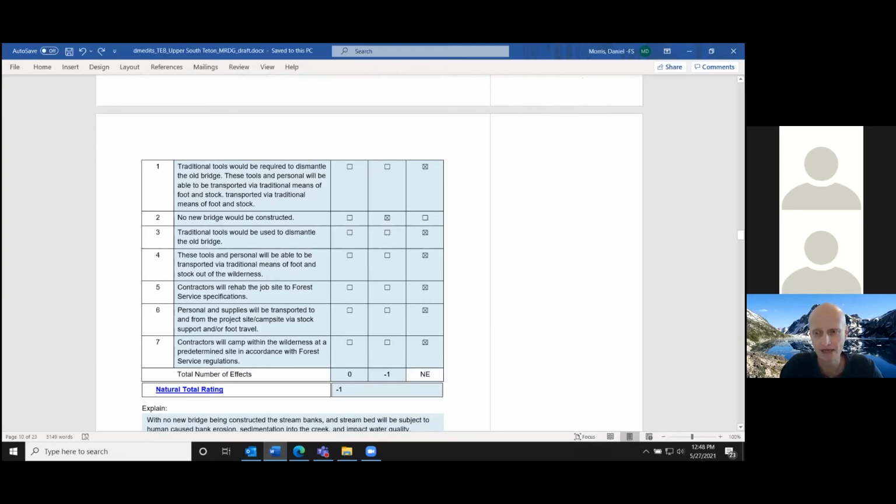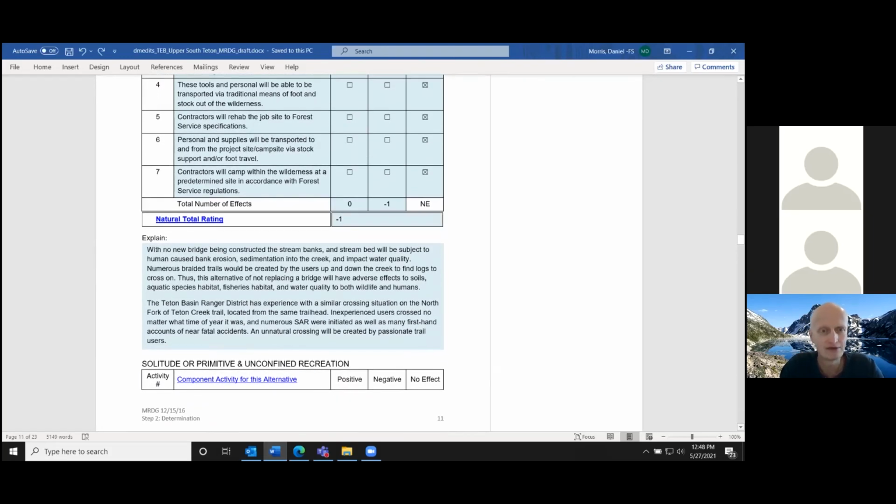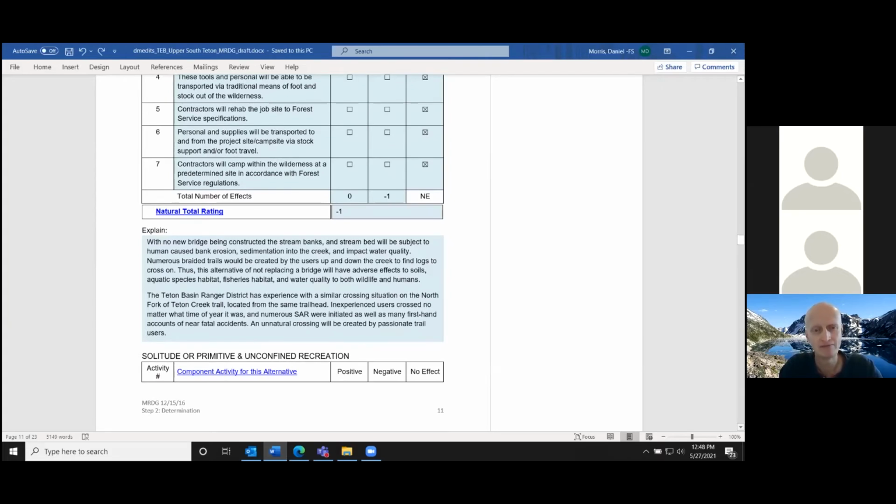And that's where they get to stream bank will be subject to erosion and sedimentation as people are going to wander around looking for a way to get across the stream. And those of us that have worked or been in wilderness, you'll see this. If you come to a crossing without a bridge, especially if it's a busy trail, you'll see social trails going both ways, looking for an appropriate way to get across.